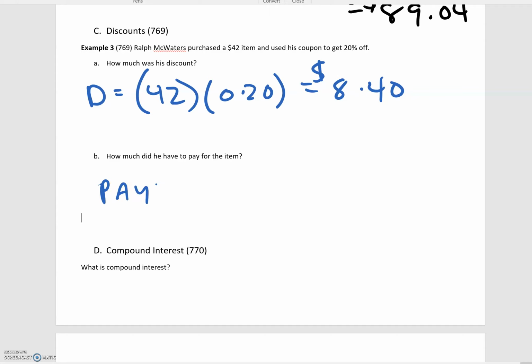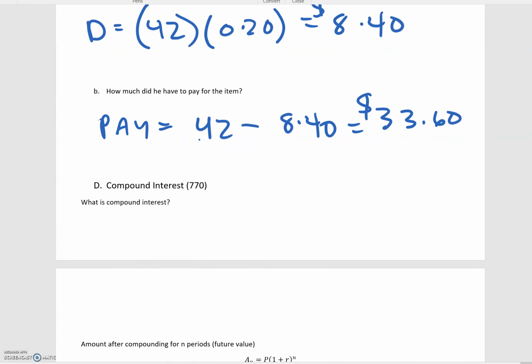He is going to pay the original minus the discount, which ends up being $33.60. And then if he is in the same state, we would then apply a 6% sales tax to that, but we're just looking at the discount example here.